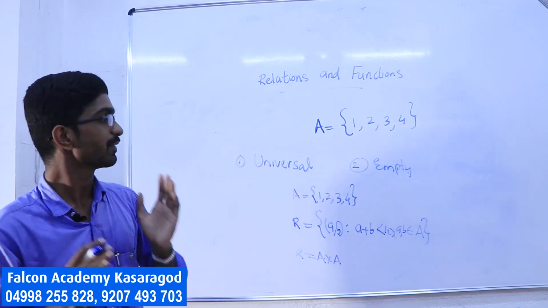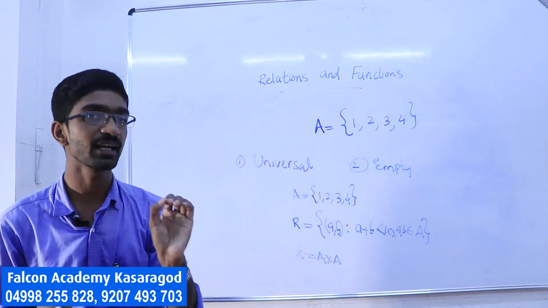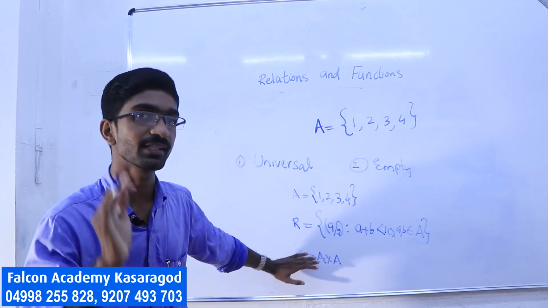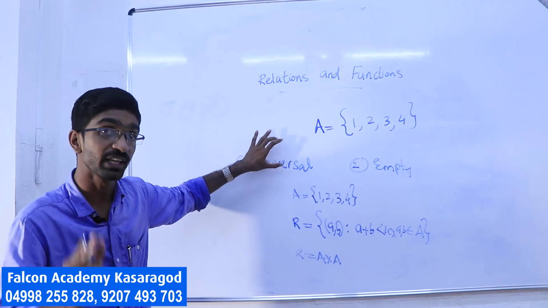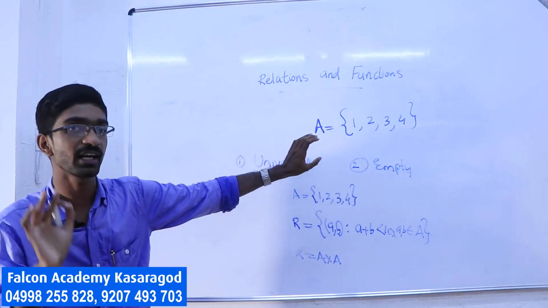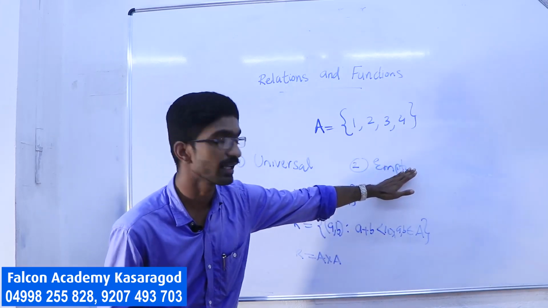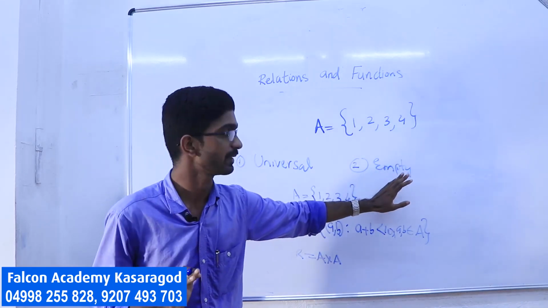In simple terms, if the relation contains all the elements of A cross A, then such a relation is called universal. If the relation does not contain any element or the relation is a null set, then I can say the relation is empty. Okay?